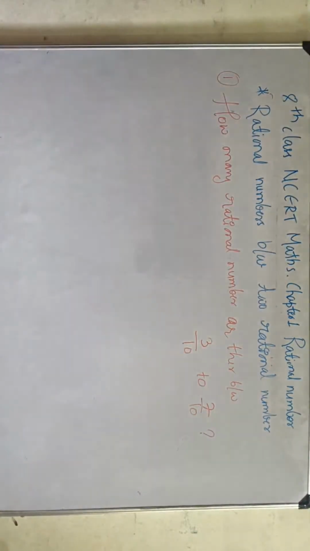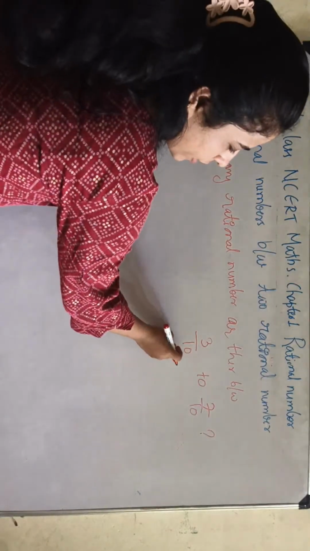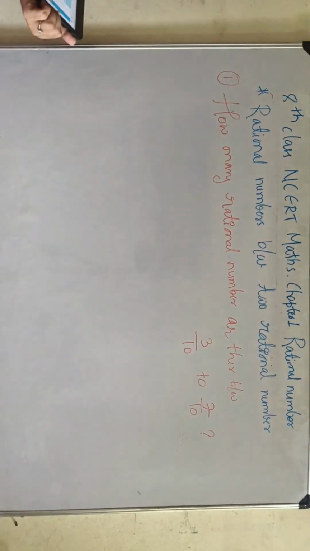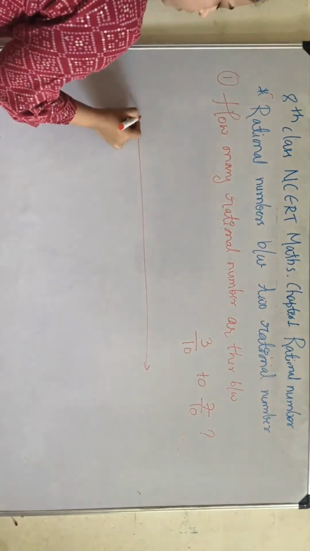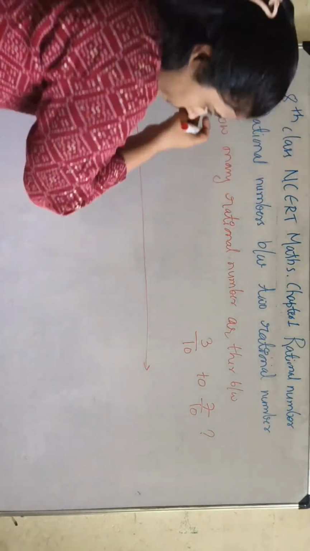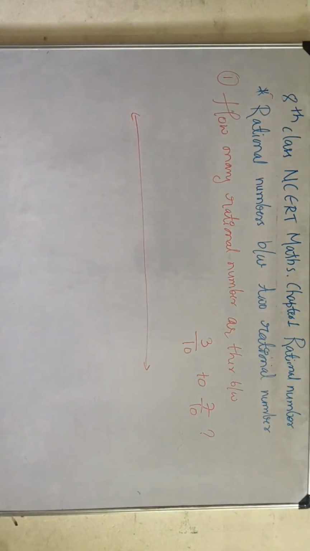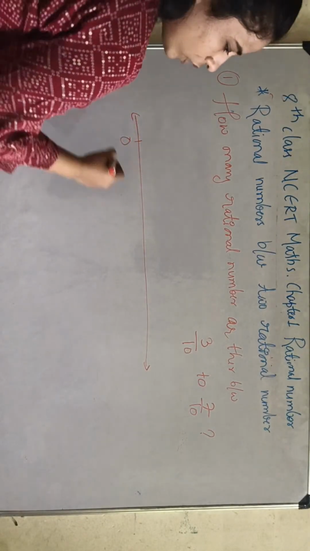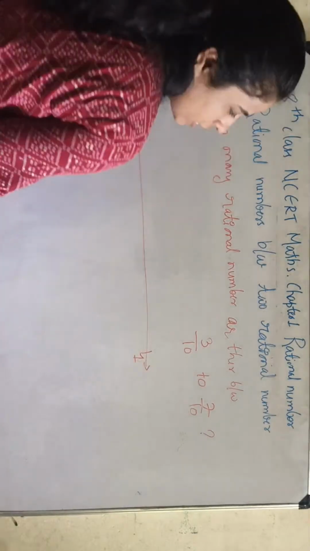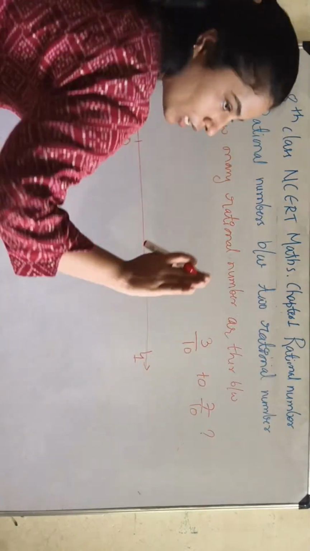Okay, I told you already how to represent 3 by 10 and 7 by 10 on the number line. If you draw it, then make equal parts. It lies between 0 and 1, so you have to make the denominator, 10, equal parts.